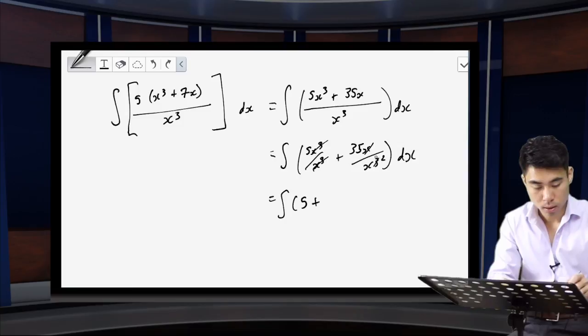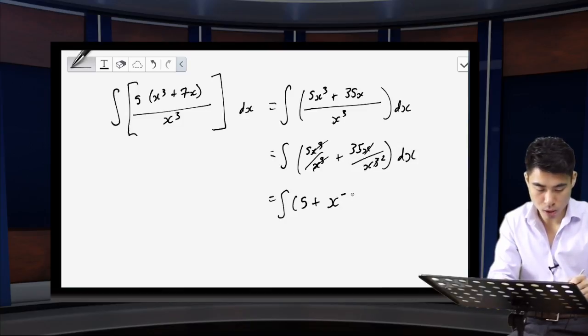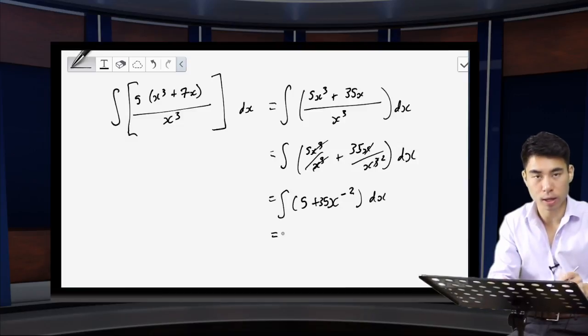Well, x squared, you know it's going to be a negative power because I have a reciprocal function. My x is on the bottom. It's going to be a negative power. What's that power going to be? It's going to be a 2. How many lots of this do I have? I have 35 of them. So whatever my number is on top here is a number that's going to go in the front here, with respect to x. And now this is in the form that I can integrate it.